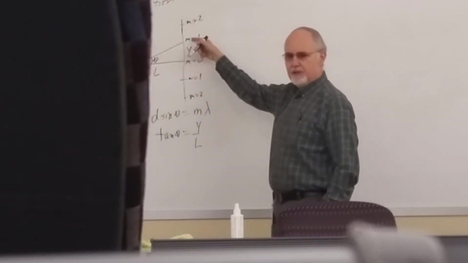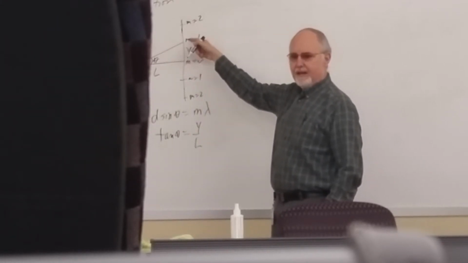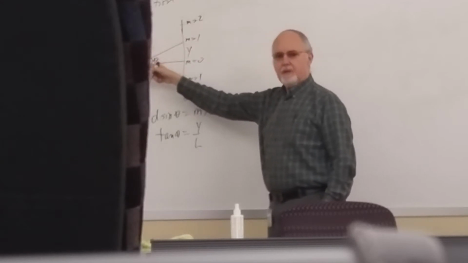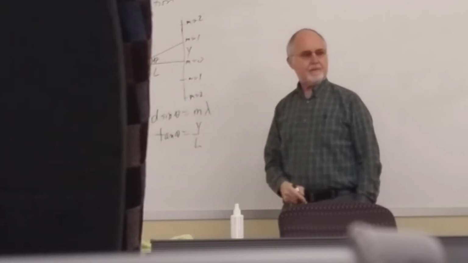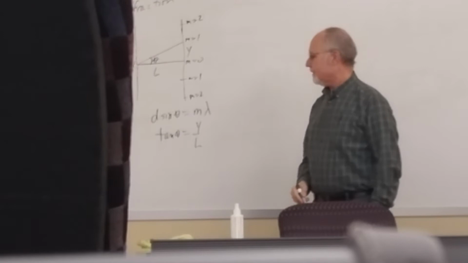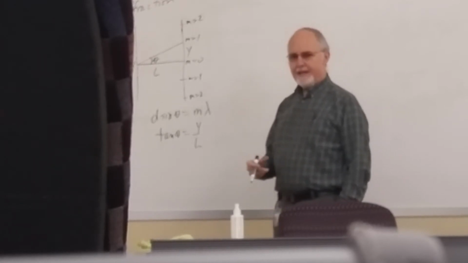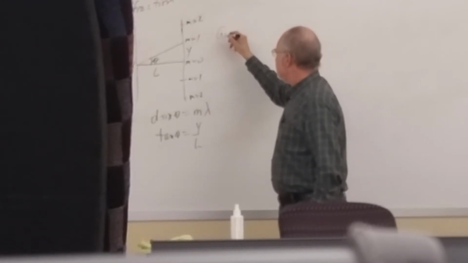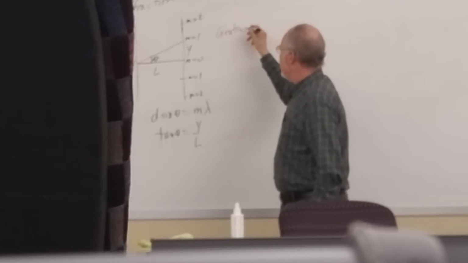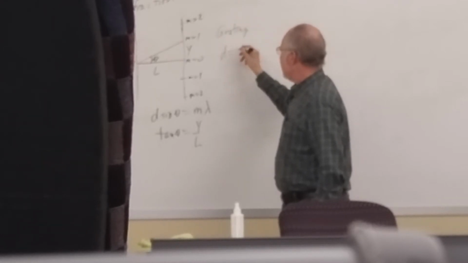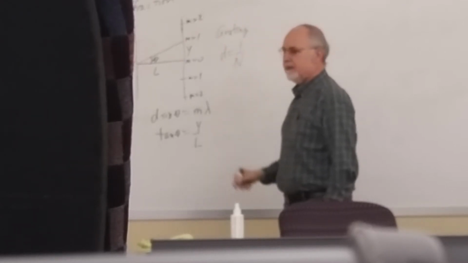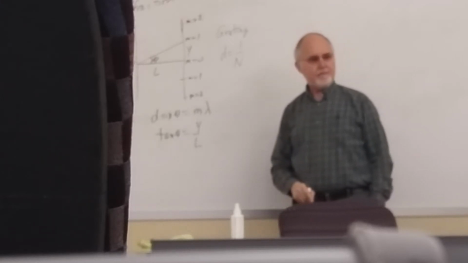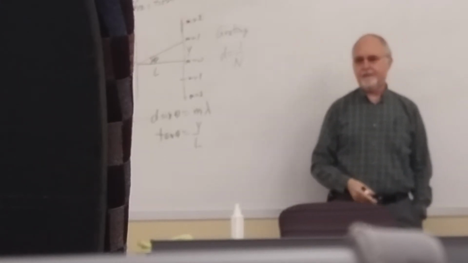So how far from the central point are you? That's the y value. What's the distance between the openings in the screen that you've got? If it's a grating, you've got multiple openings, then that d is the reciprocal of the N, which is the number of openings per unit length.